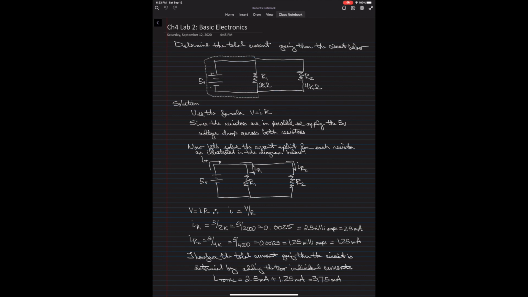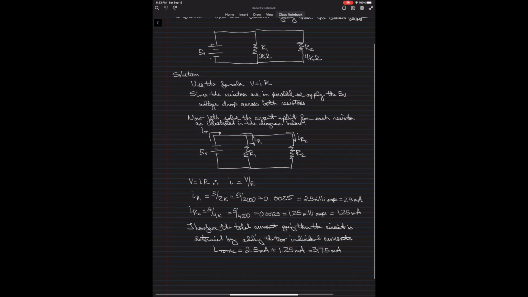Part of that current is coming down here, part of this current is coming down here. They get together over here, combine again, and then go back up, and so forth. So that is how current goes through a parallel circuit.